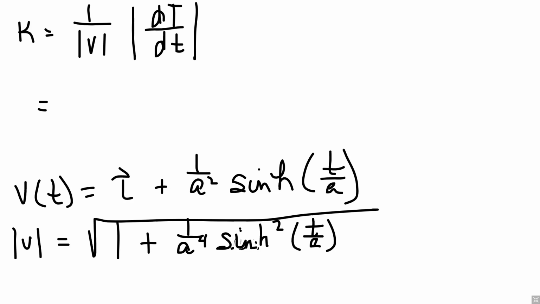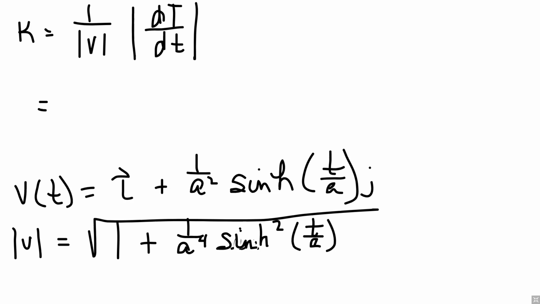I only got the sine hyperbolic t over a in the j direction for the velocity vector. Well, you've got to make sure that when you take the derivative of that, the derivative of the first component should be 1 in the i direction. For the derivative of the second component, you have to use your chain rule. Because if you take the derivative of the angle, you're going to get 1 over a. So that's where I'm messing up.